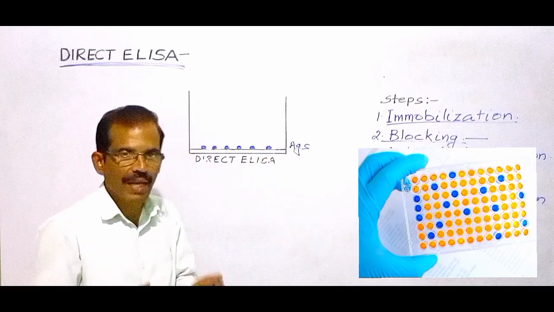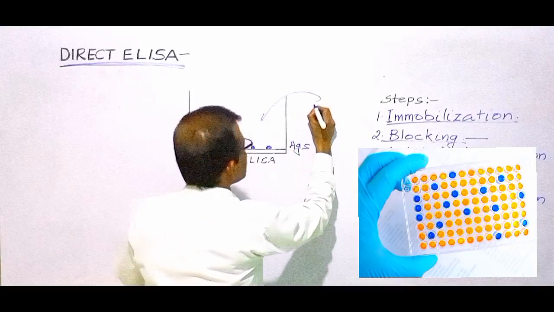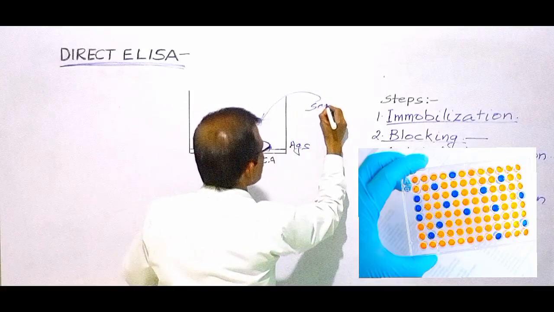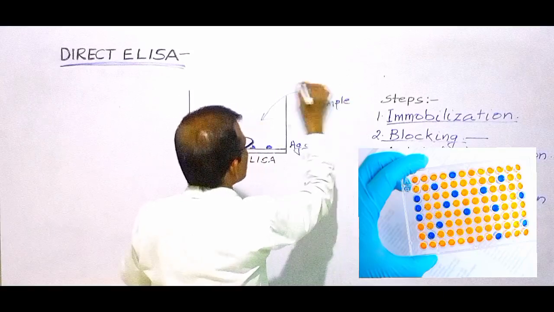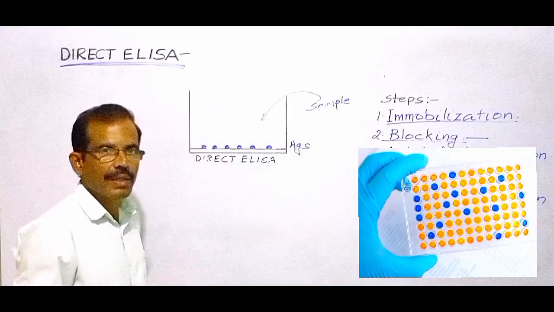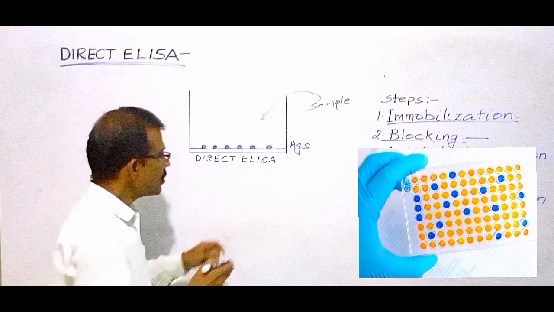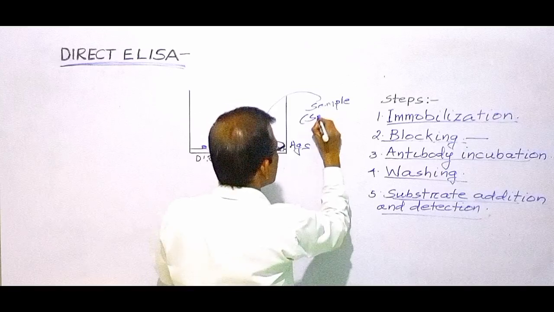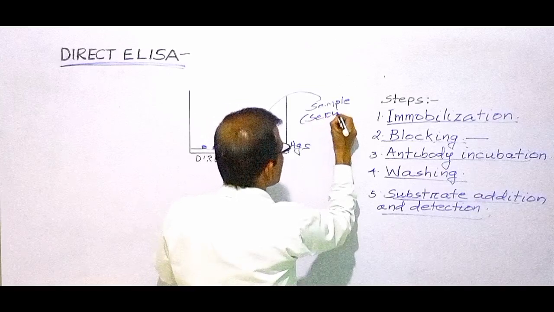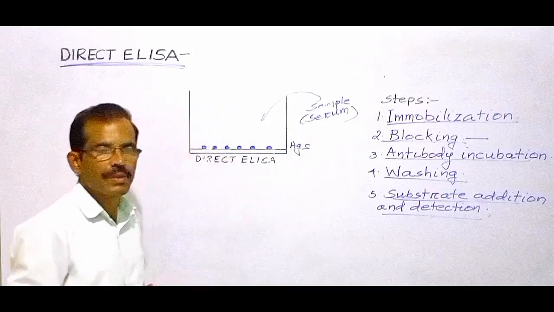For this, a sample, for example patient serum suspected to have the antigen, is added to the well and then incubated for a period of time. In direct ELISA, antigens are immobilized by direct adsorption at the bottom of the wells.